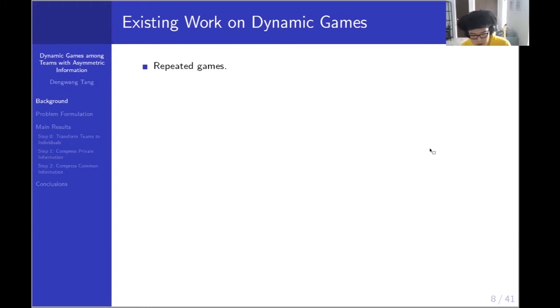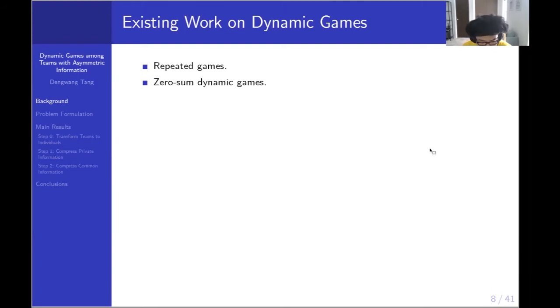What they mainly focus on is what we call repeated games, where the underlying environment doesn't necessarily change over time. People are just playing a repeated game, and what they focus on is analyzing possible payoff profiles. Our focus here is on systems where the underlying environment is changing over time.